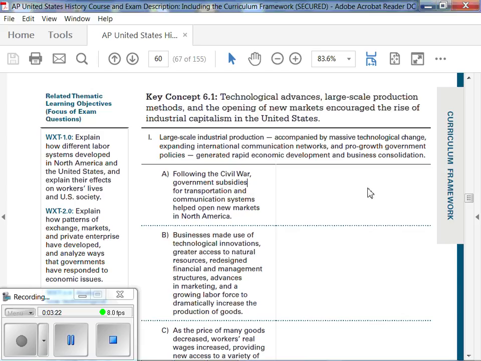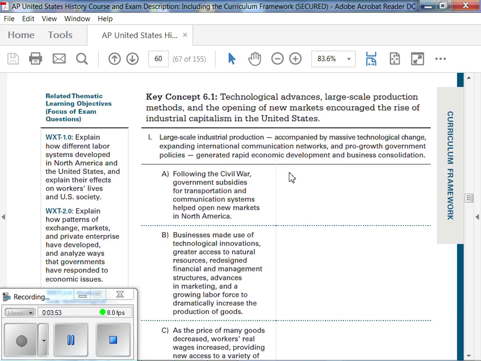So now I'm going to come over here and take a look through my notes, take a look through the reading, search around online, search the deepest recesses of my brain, and try to come up with specific examples of transportation after the Civil War that helped open new markets specifically in North America. So I don't want to put things like transatlantic steamers here, because that's not in North America, right? That would be new markets outside. I'm looking for stuff inside the United States, transportation and communications.